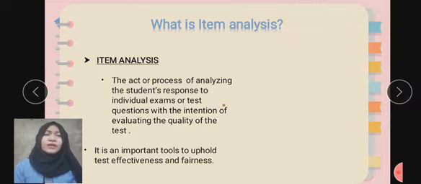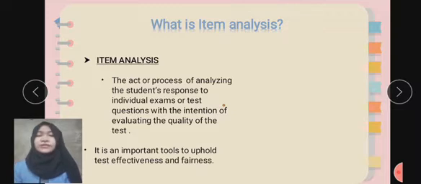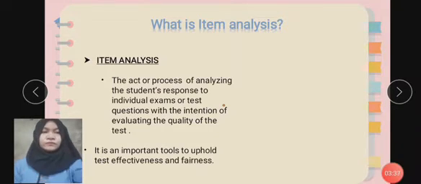And also, from the word itself, class, item means the total of the items. For example, 60 over 60 means that the test is 60 items, while analysis is from the word analyze. Item analysis means analyzing the items or the test that you give if it is effective to your students.